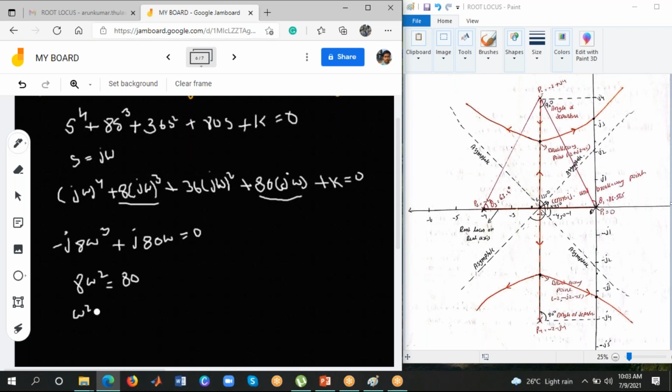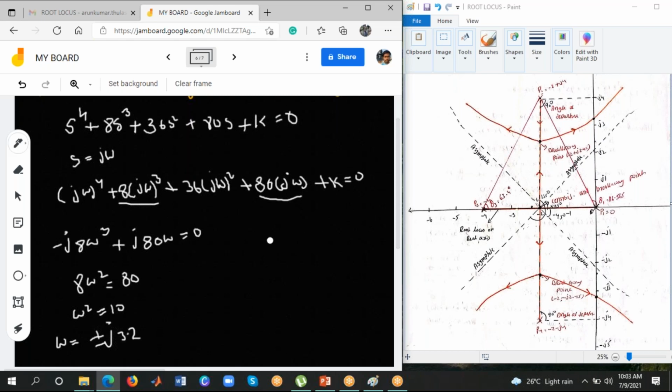Omega square equals 10, and omega equals plus or minus j root 10. Root 10 is 3.2, so we can write it as plus or minus j 3.2. So this is the crossing point.